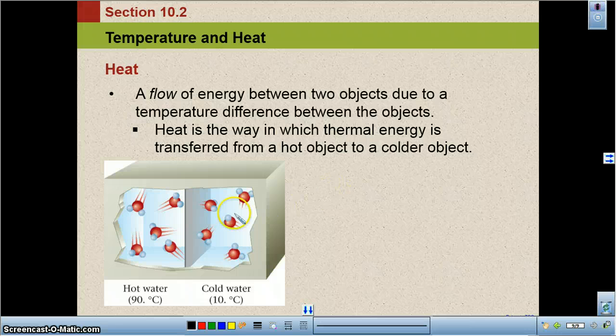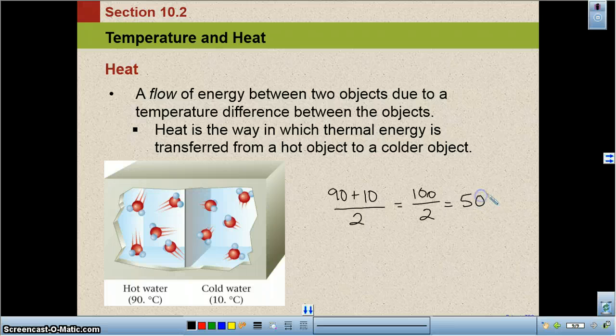So we have two different settings. We have an initial hot water temperature of 90 degrees Celsius, and an initial cold water temperature of 10 degrees Celsius. After we let that set for a little bit, what's it going to be on each side? Because it's going to go until they have an equal temperature. So we're just going to take the average to find that out. 100 degrees added together, divided by 2.